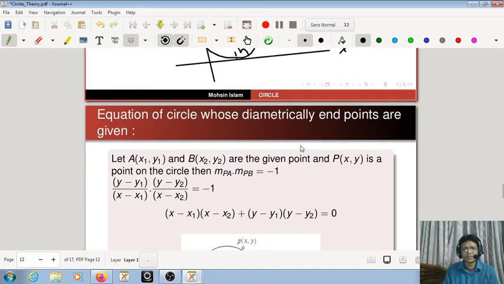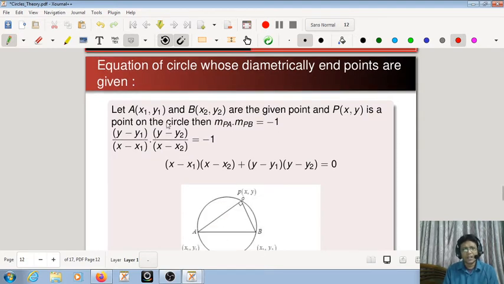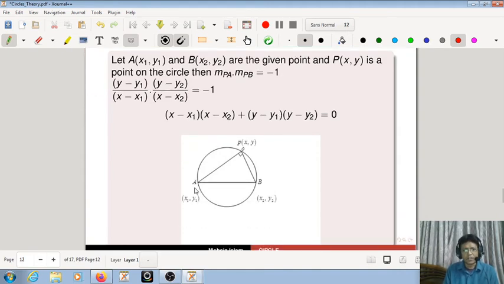Now I will talk about some important results. The equation of a circle whose diametric endpoints are given. Suppose this is the circle. Look at the diagram. A and B are the points.